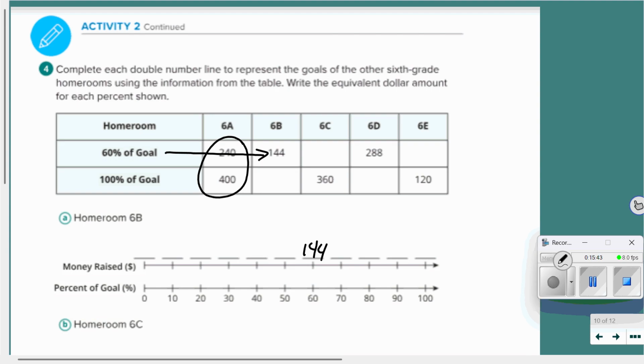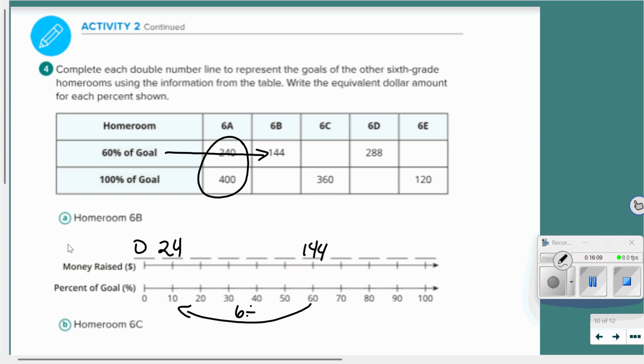So I like the way Kamari said that obviously 0% means $0, right? So what am I going to do to find 10%? I'm going to divide both numbers by 6. So what is 144 divided by 6? 24.